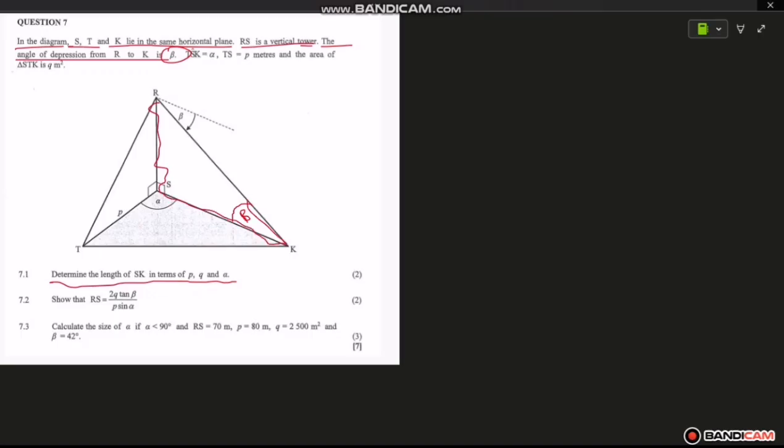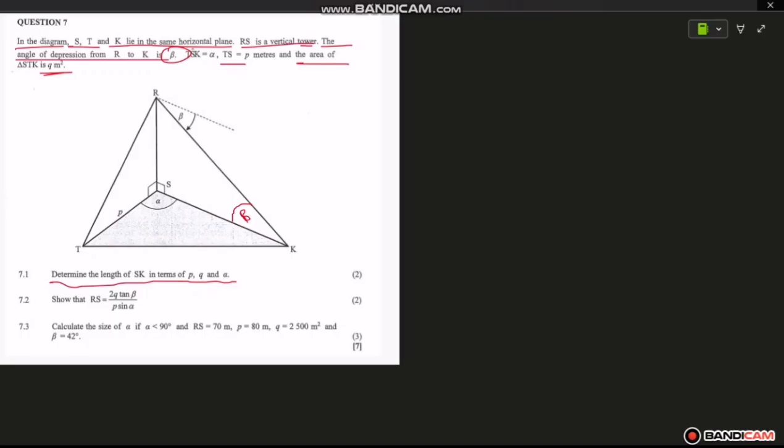We can see that SK is also in this right angle triangle, but we cannot use it. Why? Because we don't have the size of RS and RK. But we can use this one. Why? Because we have its area. We have one side, which is ST. We do have the area of triangle STK.